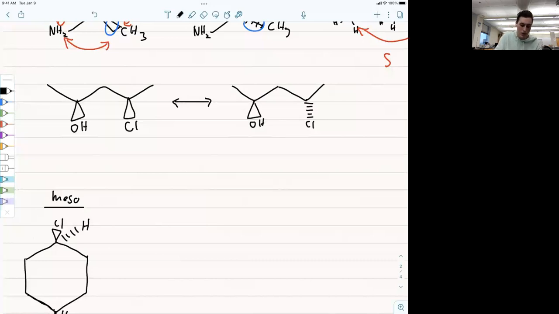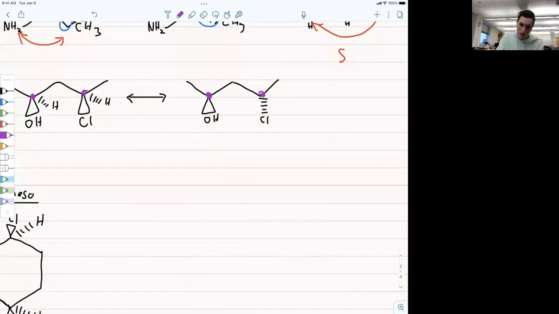So if I look at these two, both of these have stereocenters. This has 2 here, and this also has 2. So this one is going to be an enantiomer here. Oh, whoops.